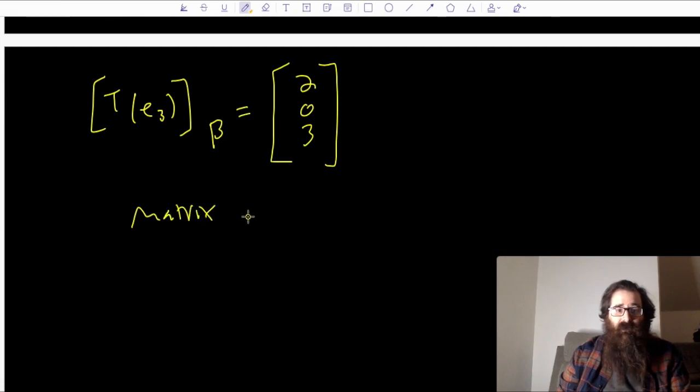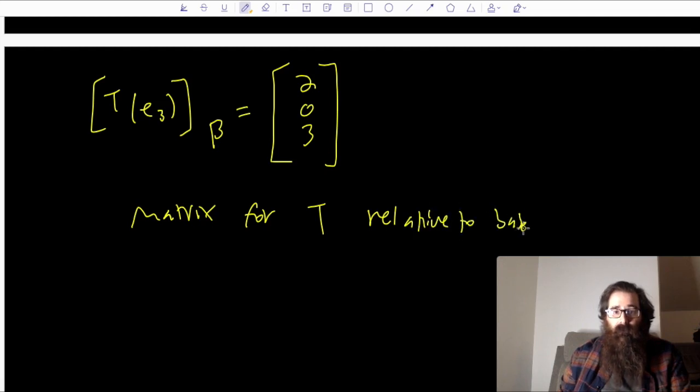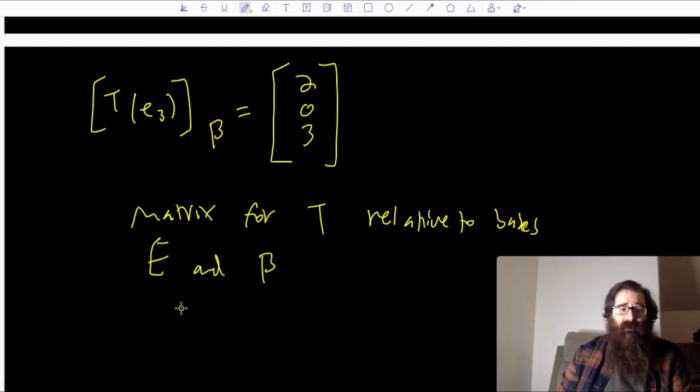So the matrix for transformation capital T relative to bases capital E and beta, how is it going to look? Well, let's talk about how it's going to look first. It's going to be a matrix, but it's going to take these vectors as column vectors.